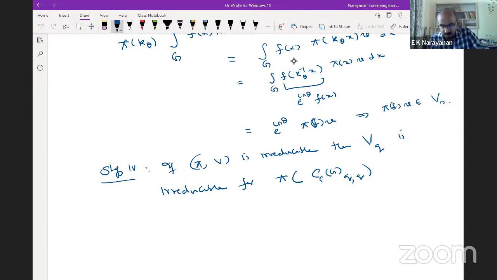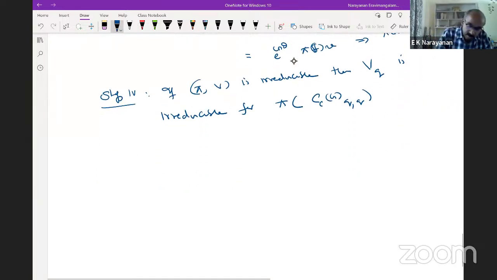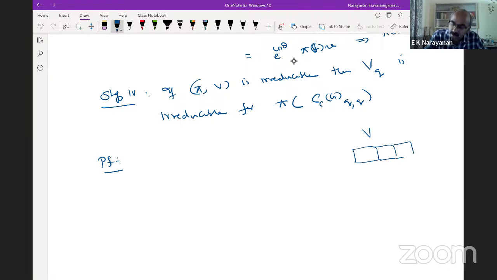So let us prove this. This requires some work. So proof, and we need all those cumbersome steps where all those CCG NM act on V. How does it look? Let's keep a picture in mind. Our V is a direct sum of VNs. So I have one box, another box, and so on.